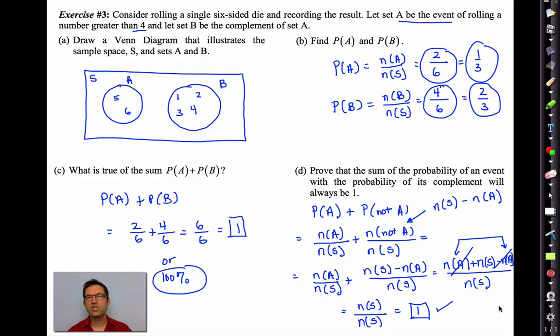Again, if you've got wishy-washy criteria, then maybe there is something in between. But if the event is it rains and the complement is it doesn't rain, then the probability it rains plus the probability it doesn't rain has to add up to 100%. It has to. All right, pause the video now and write down anything you need to.